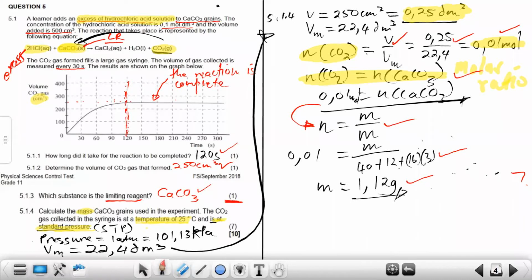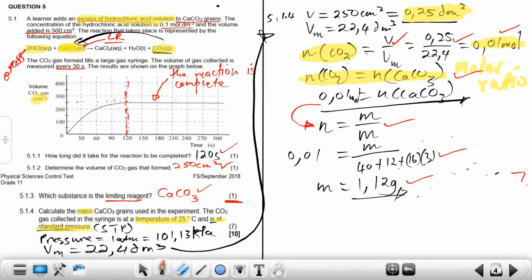But the final answer is the one that I'm going to round off to 2 decimal places. So you don't round off within the intermediary steps. You only round off at the final answer. So the advice I can give to everybody in here is don't round off in the middle of the steps. You only round off at your final answer.